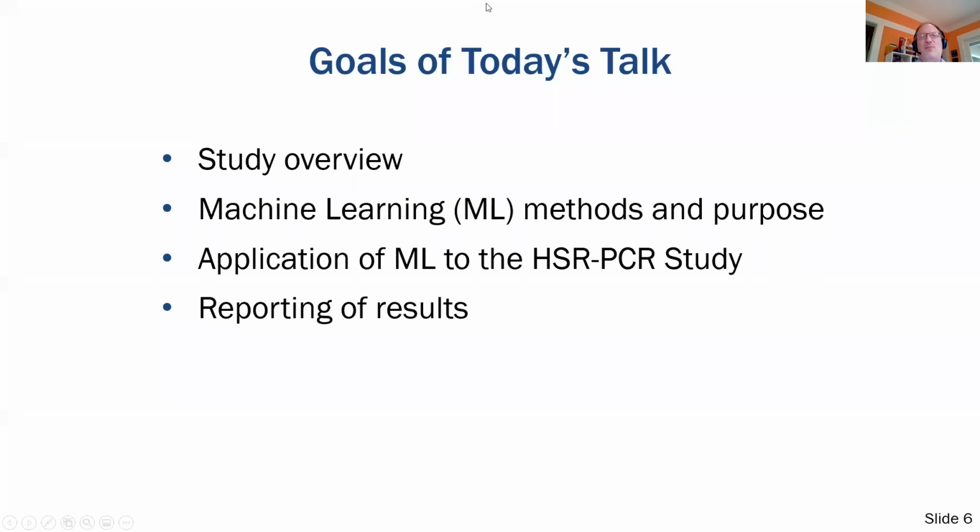So here's the outline of our presentation. I'm going to give a very brief overview of the study, given that many of you have probably seen the report and also heard Jamie's presentation on the study before. And then I will pass it on to Sean, who will review background on machine learning methods and purpose and why we chose the methods, our application of machine learning to the HSR-PCR study, and our reporting of results.